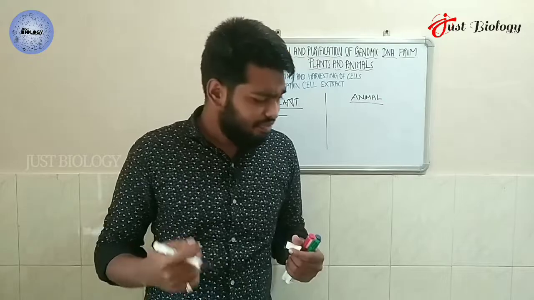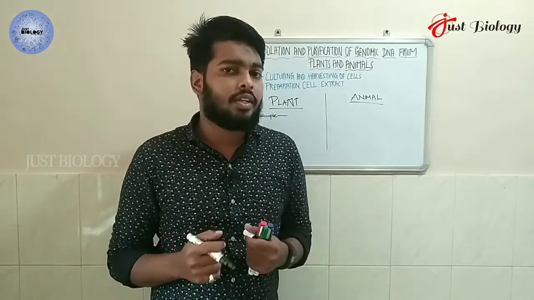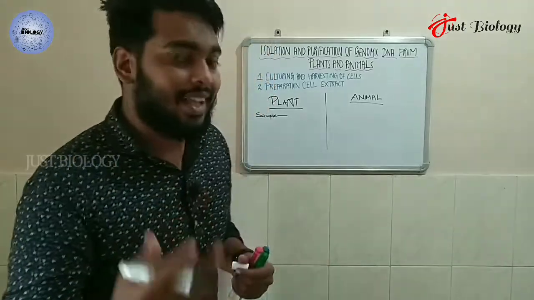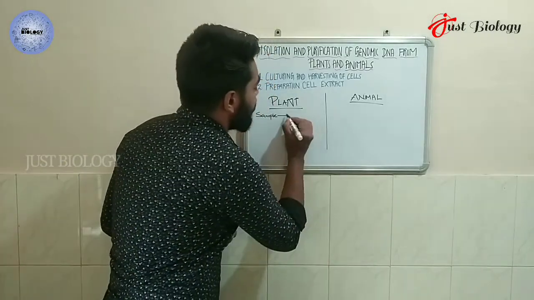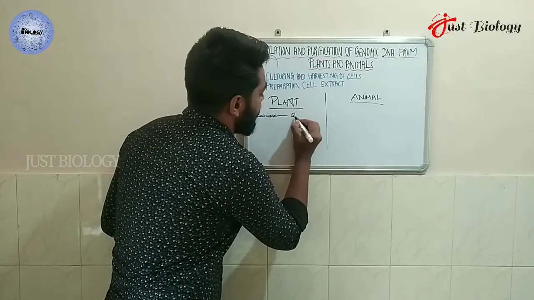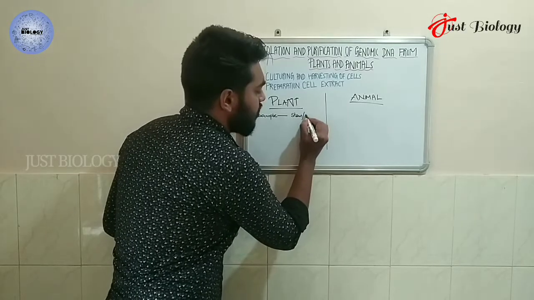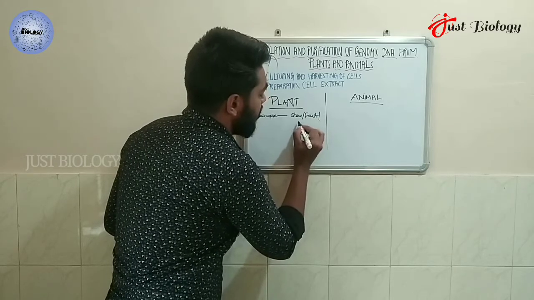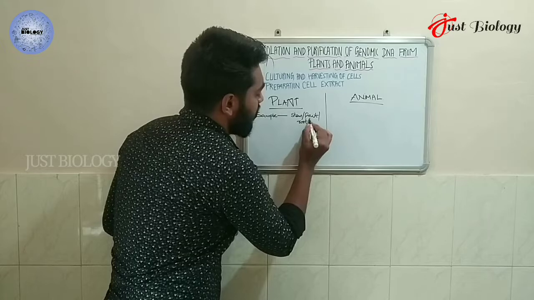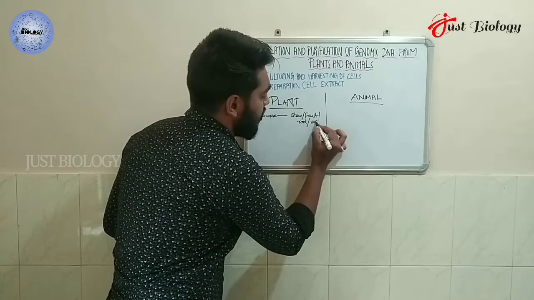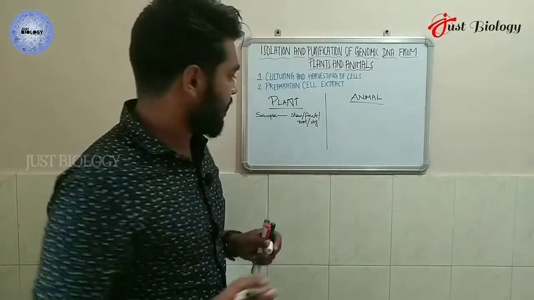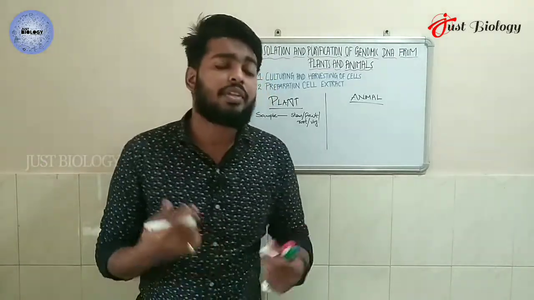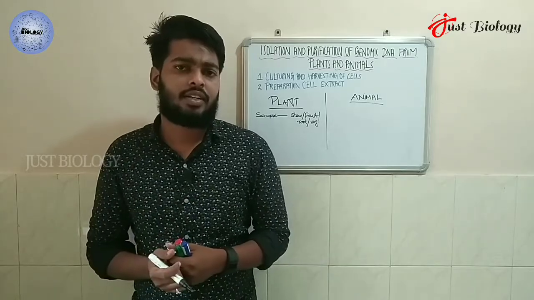Just remember, whenever we want to isolate, just take a portion of the plant part. For example, let's say I'm taking a small piece of stem or fruit or root or vegetable, so anything like that. Here we have so many sources for getting the animal cells.